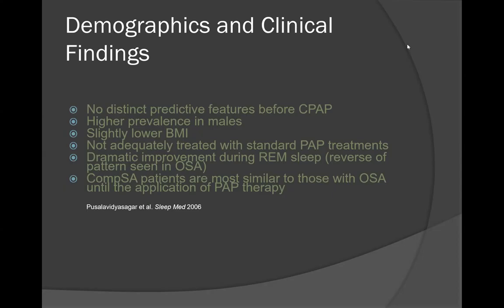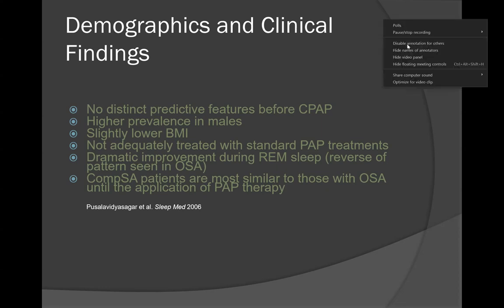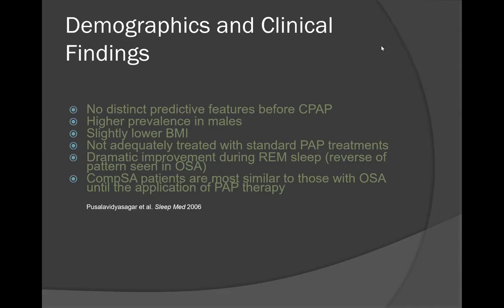In REM sleep, that's when you have more severe events because of even further loss of muscle tone to include the diaphragm, further inhibited. In CompSA, patients are most similar to those with OSA until the application of PAP therapy. So they switch upon the exposure to PAP therapy.